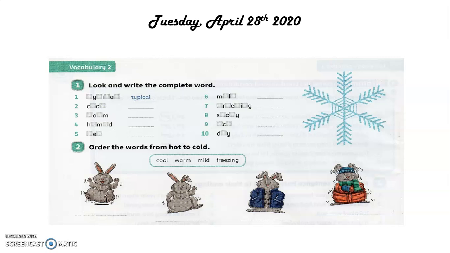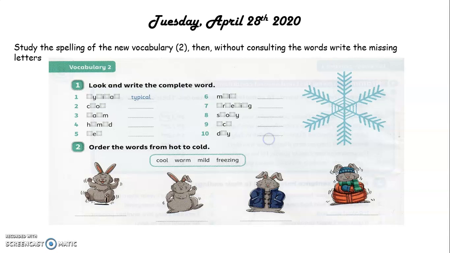This is for Tuesday, April 28th, and it's about the vocabulary too. You have your notes, and you can see again the video where I explained the meaning of this new vocabulary and review, but in this case, now check the spelling. And after studying the spelling, close your notes and, without seeing the notes, write the correct words.